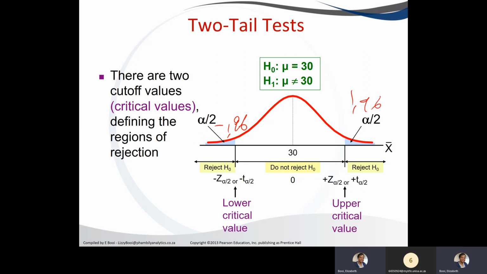And if I calculate my Z value and it falls in the region of rejection, I'm going to reject anything that falls in this red area, and I am going to reject anything that falls in this blue area as well. So I'm going to reject anything that falls in there and anything that falls on the other side. But if it falls in the white area, I do not reject. This is the do not reject area. And this is only for a two-tail test.